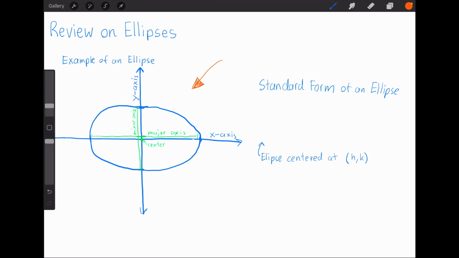Ellipses can be represented with the equation (x minus h) squared divided by a squared plus (y minus k) squared divided by b squared equals 1. The coordinates (h, k) refer to the center of the ellipse.